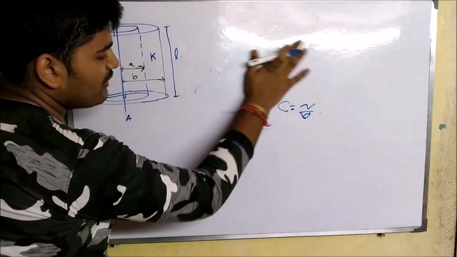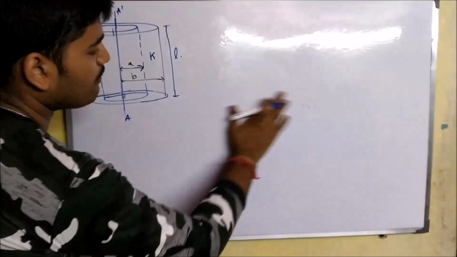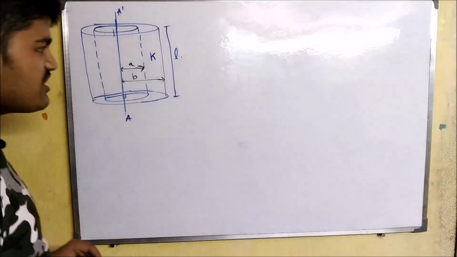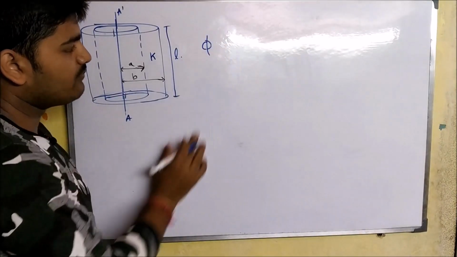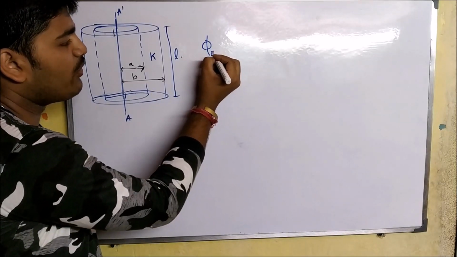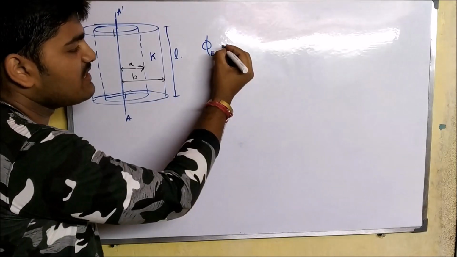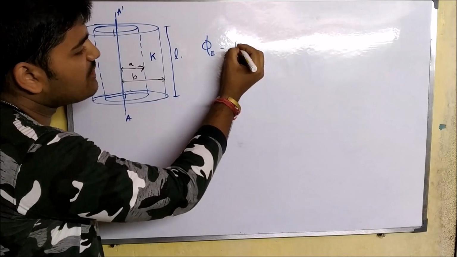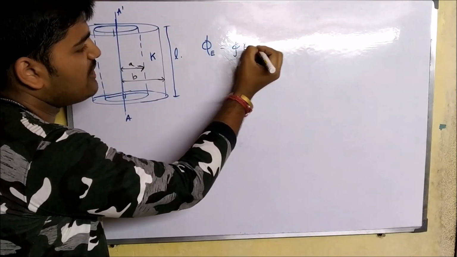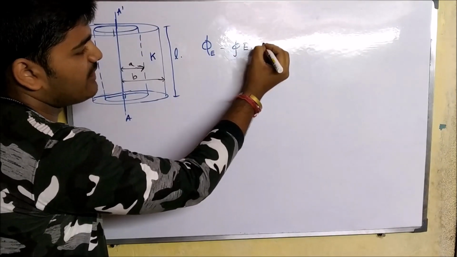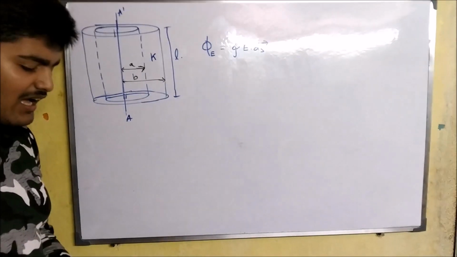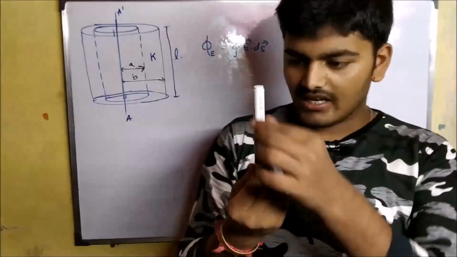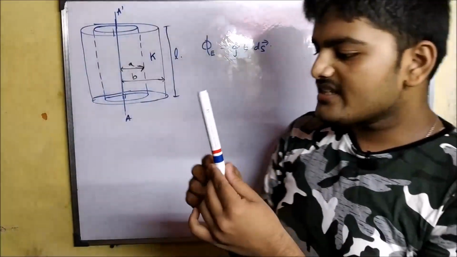Now for finding out the electric field, we know from the previous lectures that according to Gauss's law, the electric flux phi E is equal to the closed integration of E dot ds in vector form.